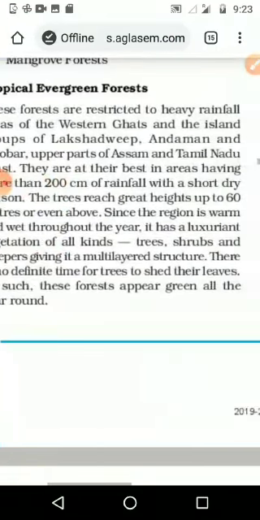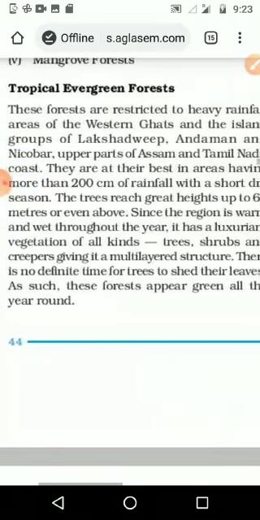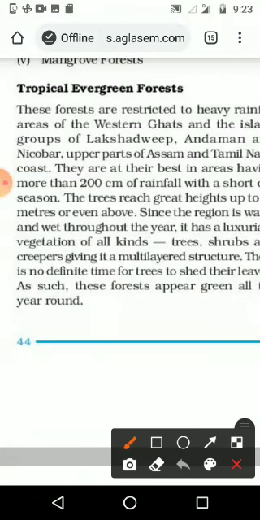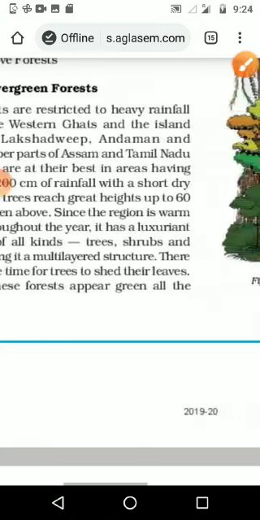Then next, they are at their best in areas having more than 200 centimeters of rainfall. So how much rainfall do we need for a tropical evergreen forest? We need 200 centimeters or more of rainfall, with a very short dry season, maybe 1 or 2 months.